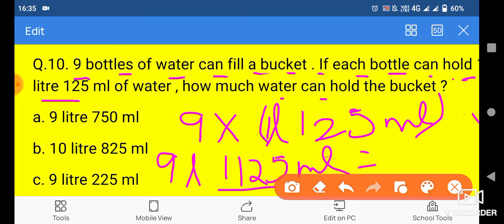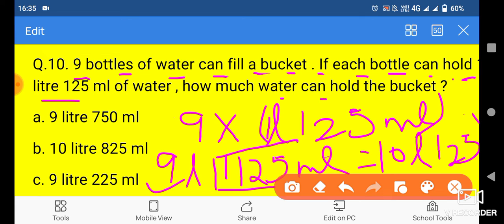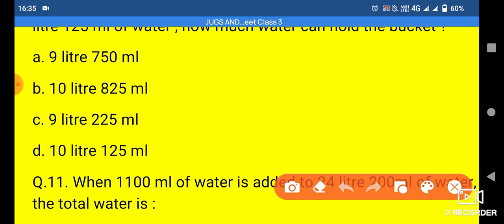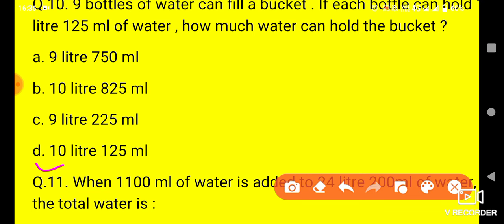It means 1000 milliliter from here will add to 9 liter, that is 10 liter and 125 milliliter. And we have option D is 10 liter 125 milliliter. It means our option D is correct.